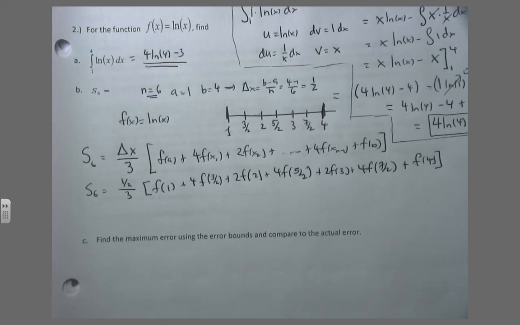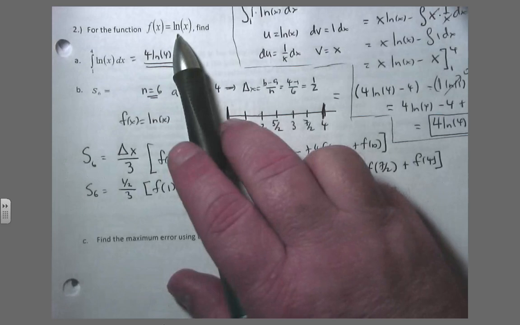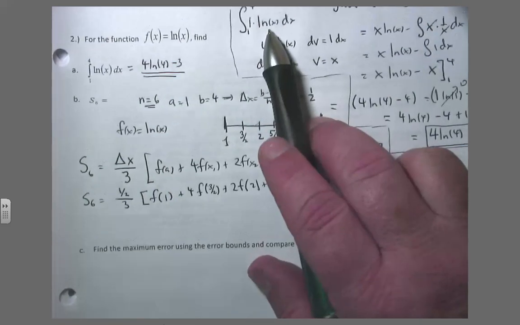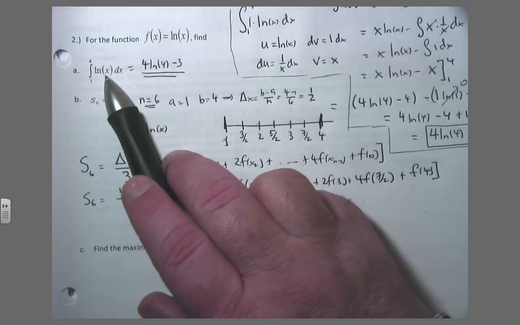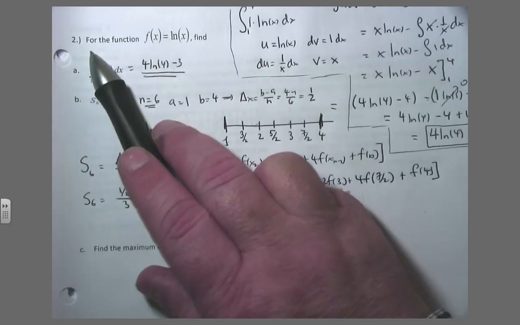But what was your function? What are we trying to integrate? The natural log of x. That was my function f of x, because the original problem was to integrate the integral from 1 to 4 of natural log of x dx. Natural log of x is f of x, a is 1, b is 4, that's where I'm getting this information from.